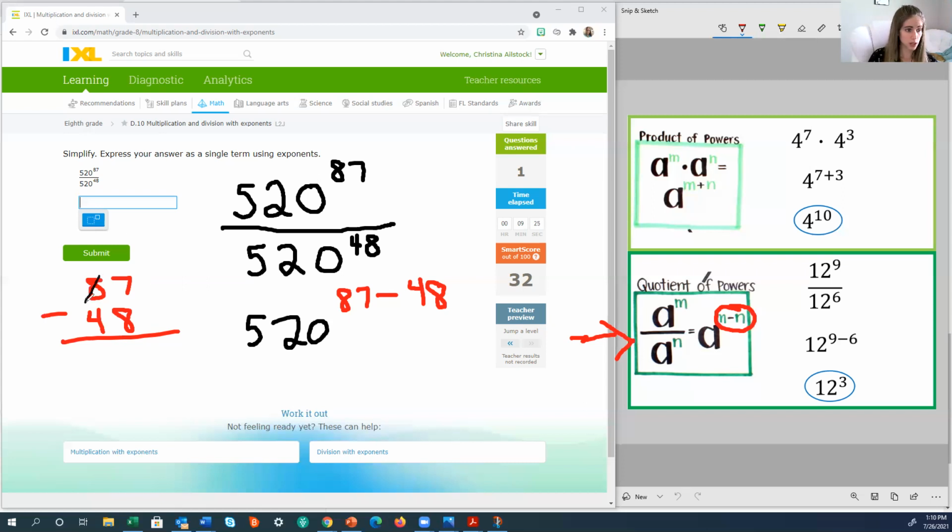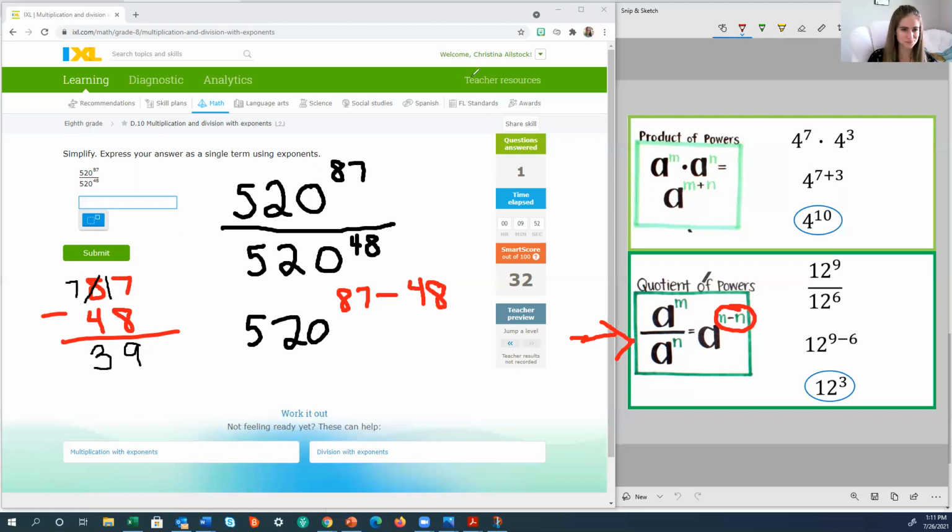So we're going to borrow from the 8, which will become a 7, and since we're borrowing tens, we're borrowing one set of tens, our 7 is a 17. So 17 minus 8 would be 9. And then 7 minus 4 would be 3. So there we go.